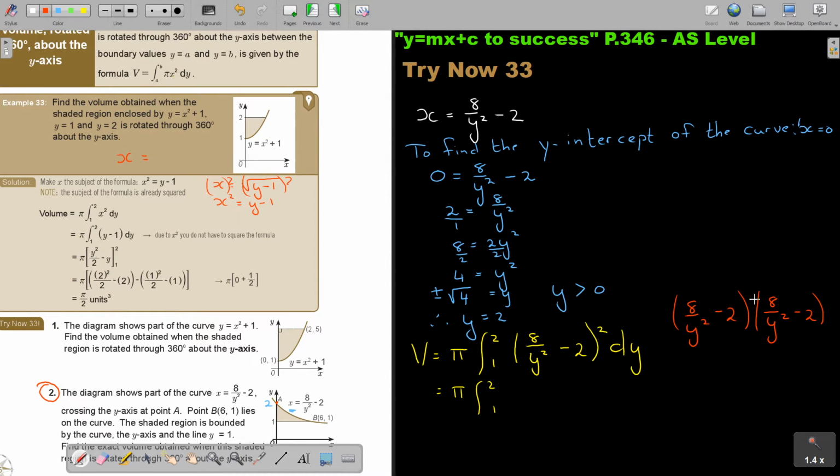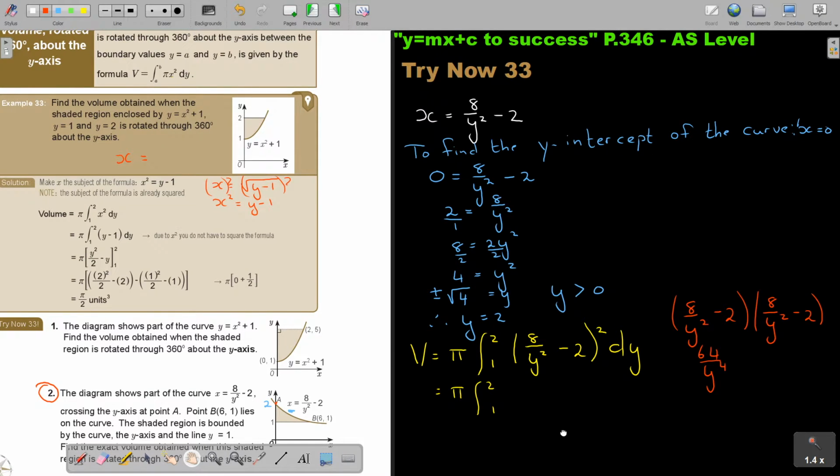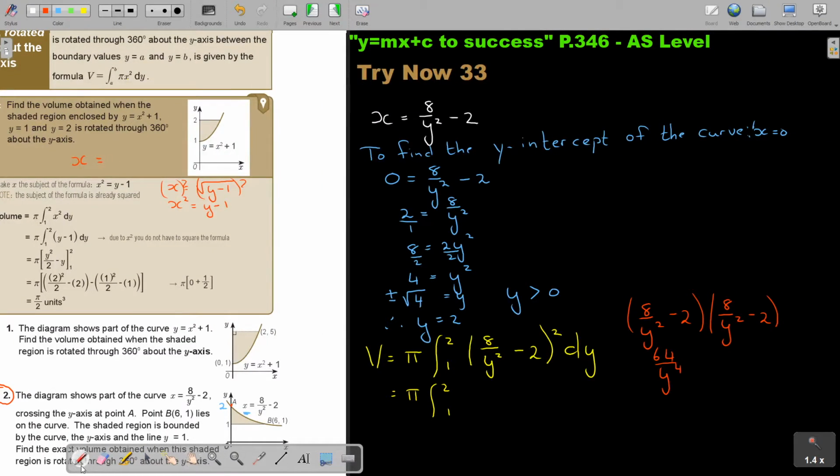So if I multiply 8 times 8, it's 64. This is 8 to the power of 4. Okay. If I multiply, this is going to be negative 16y squared.